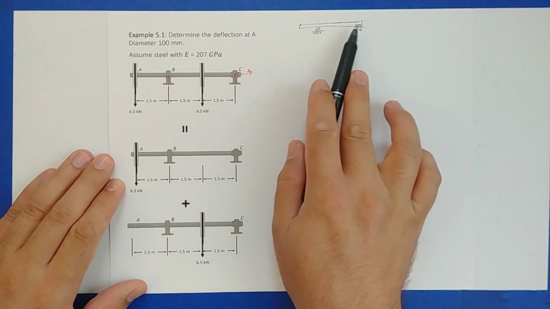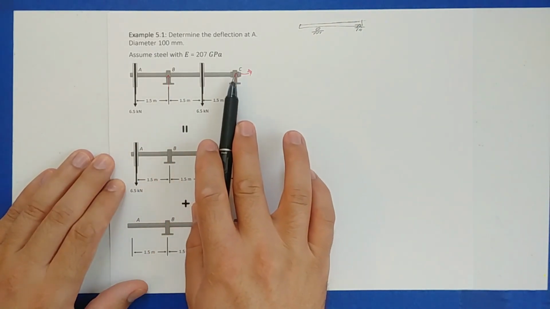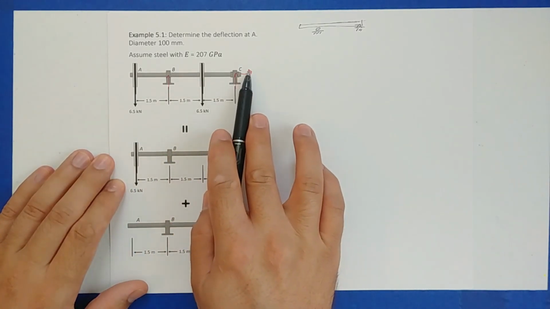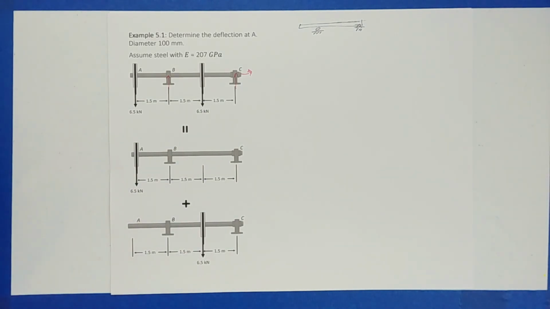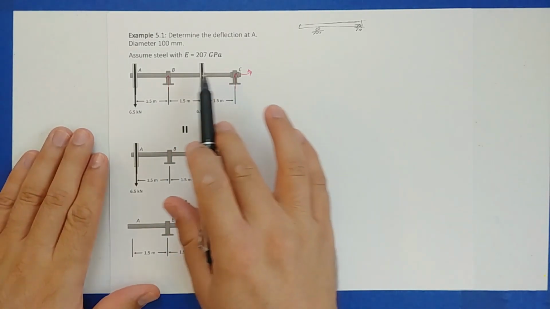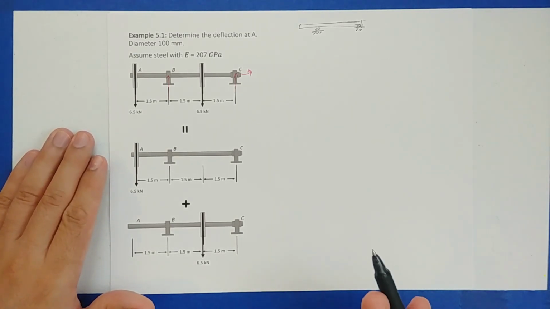Because the constraints, in this case a roller and a pin, or a journal bearing and a thrust bearing, just give us 3 unknown reactions. This being a 2D problem, we have 3 equations of equilibrium: sum of the forces in the X, sum of the forces in the Y, and sum of the moments. So we can simply determine the reaction forces at the supports. That's what we call a simply supported beam.